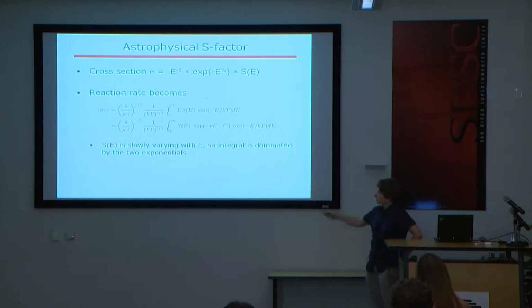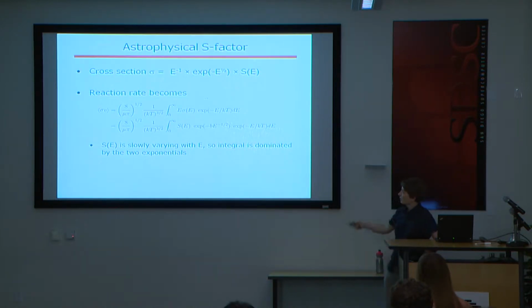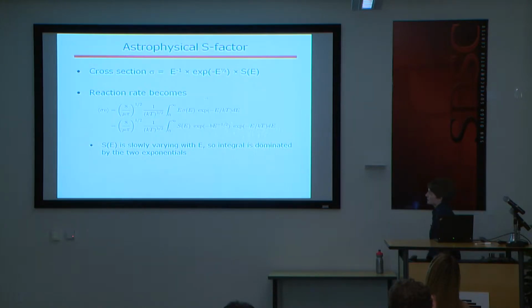So if we take that, our cross-section is now the two known energy dependencies and the astrophysical S factor. And if we put this into the thermonuclear cross-section, this integral that we had before now becomes this. In this integral, the dominating terms are these two exponentials here.